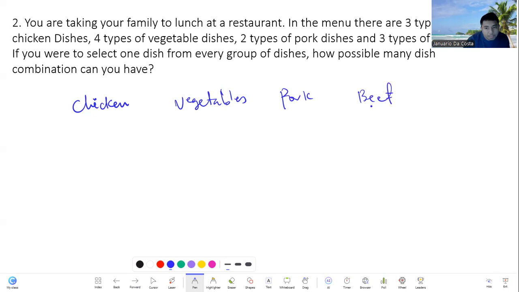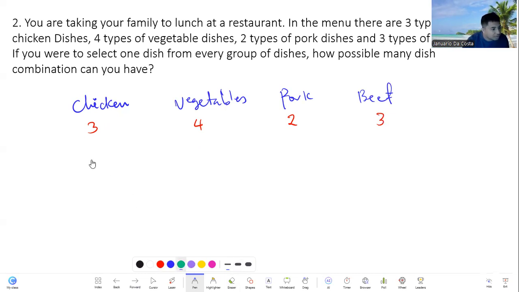How many ways can you select a dish? You have 3 types of chicken dish, 4 types of vegetable dish, 2 types of pork dish, and 3 types of beef dish. There are 4 M ways.